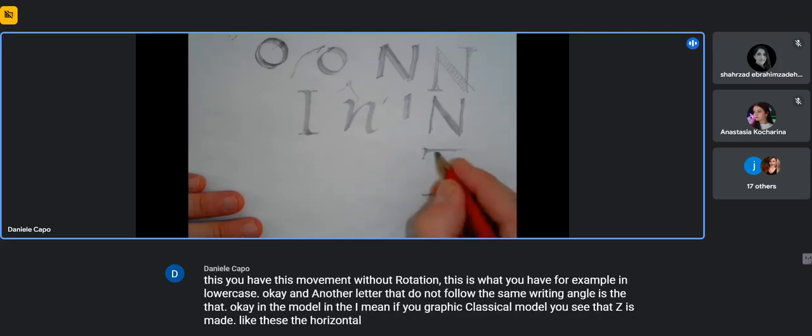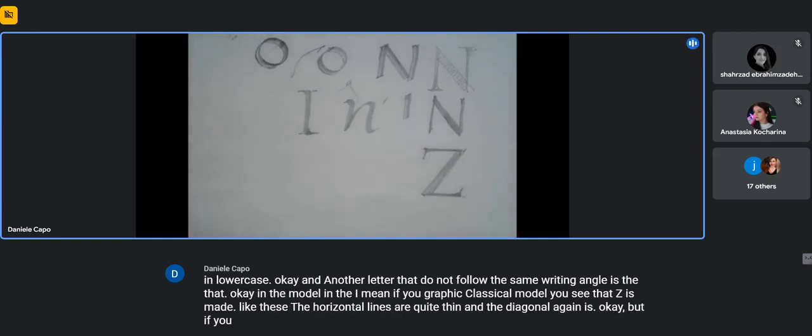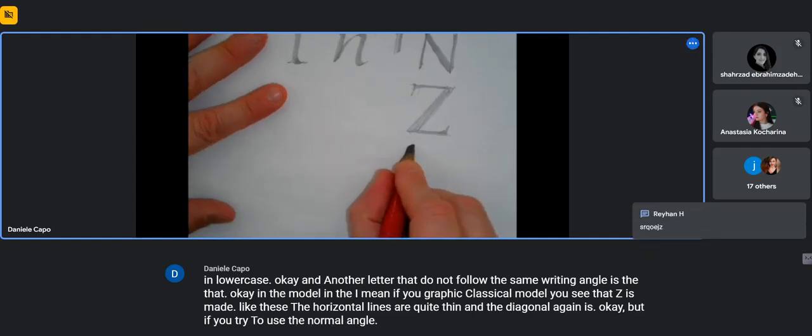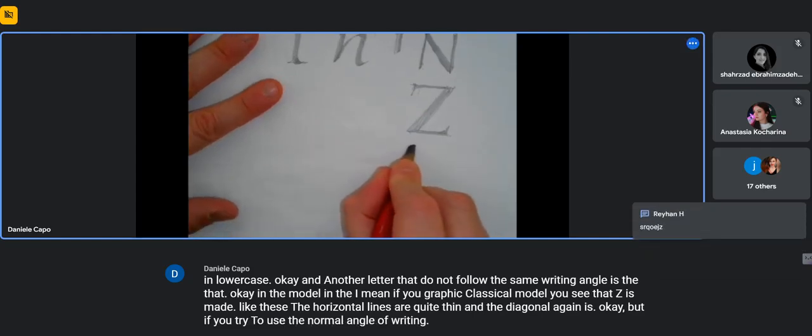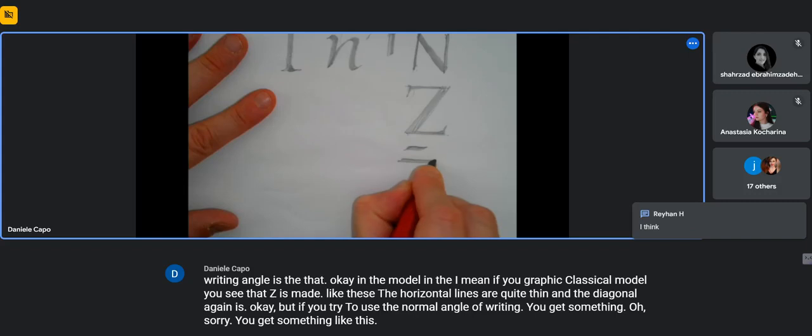The horizontal lines are quite thin, and the diagonal, again, is quite thick. But if you try to use the normal writing angle, you get something like this.